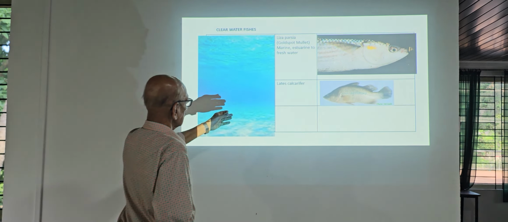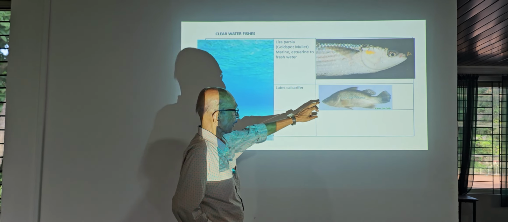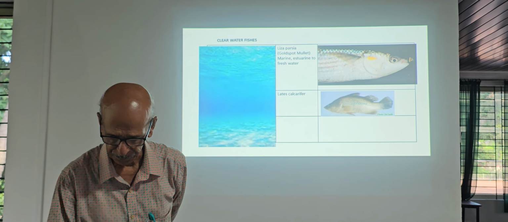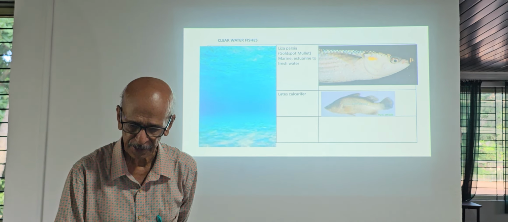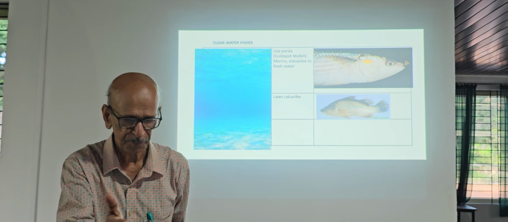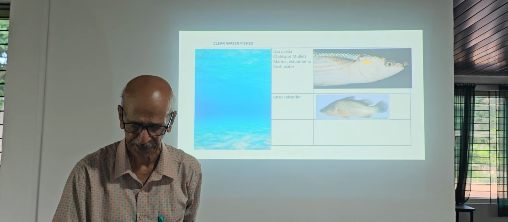Then Lates calcarifer. This is barramundi. This grows to big size, and it's a favorite fish, and it has major habitat as a mangrove, but it moves all over the clear water areas.